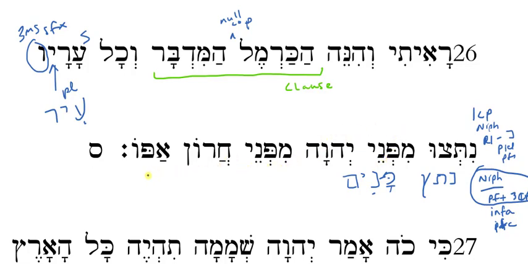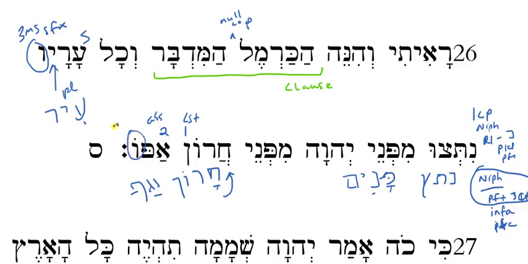Mipnei haron apo, from the fury of apo, his anger. So this is the word haron. This is the word af. And if you look at the vowel pointing, this long A has reduced. What's going on here? This is thing 1, thing 2. It's a construct chain. Okay, first noun's construct, second's the absolute form.